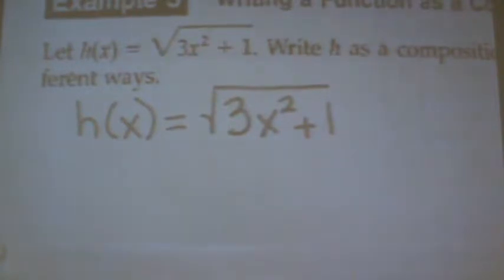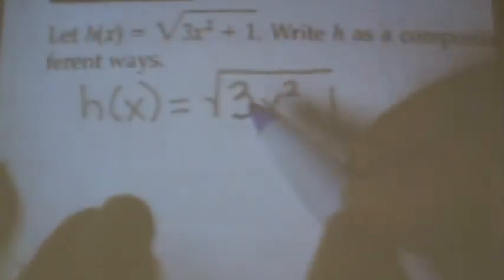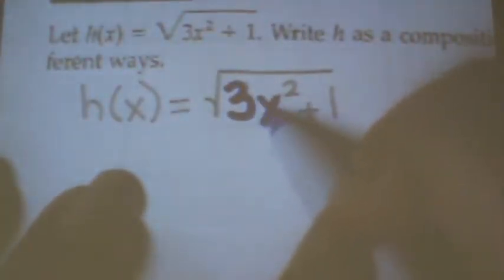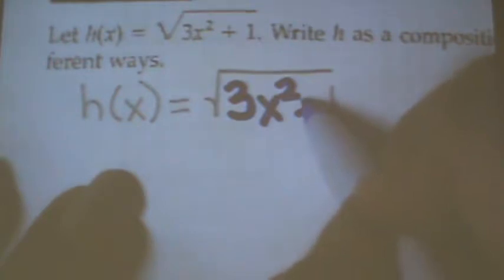Now, what they want you to do is turn h of x into a composition. You're gonna split this function into 2 different functions. Underneath this radical, you have 3x squared plus 1.